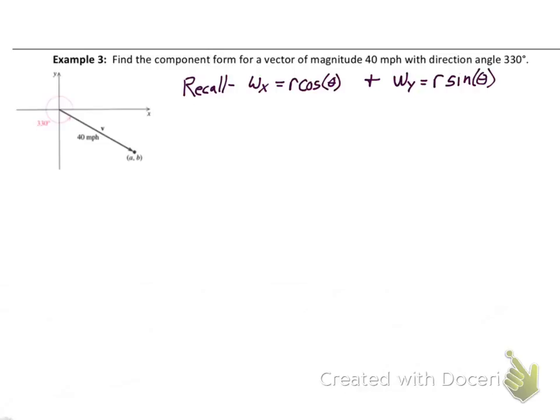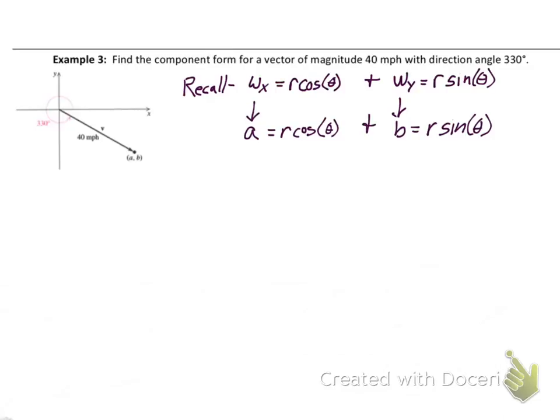We're not talking about magnitude, so they can be negative. So instead of saying Wx equals that, I'm just going to say A equals R times cosine of theta, and B must equal R times sine of theta as well. And that will get us our A and B values.